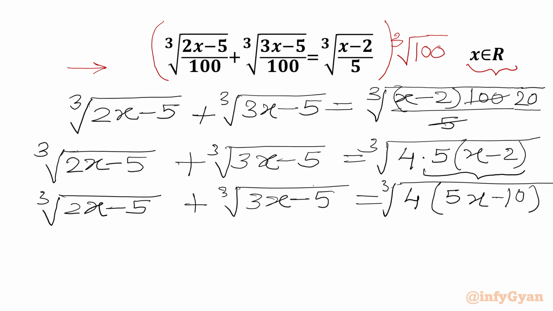Now we are going to use substitutions. Let's say first cube root equal to a, second cube root equal to b. So we will write here cube root of 2x minus 5.